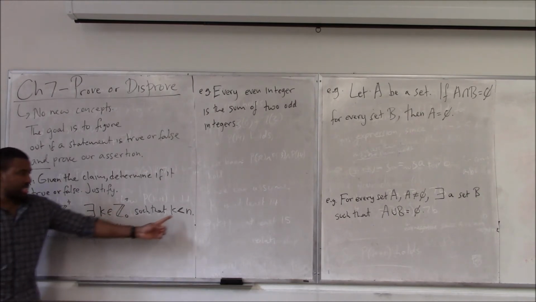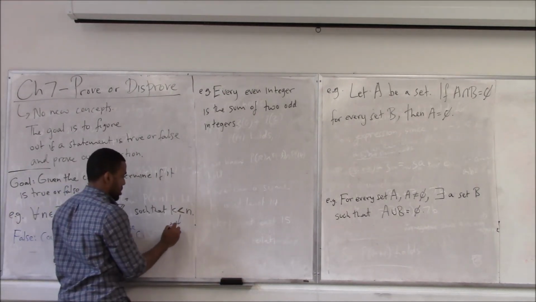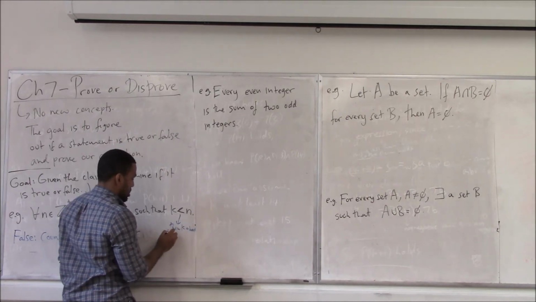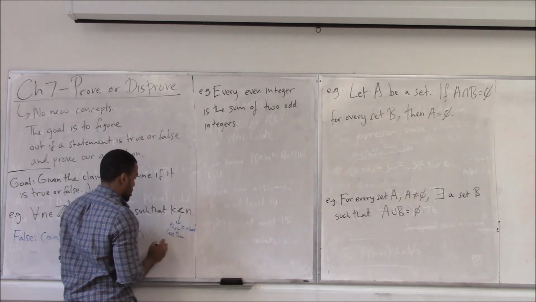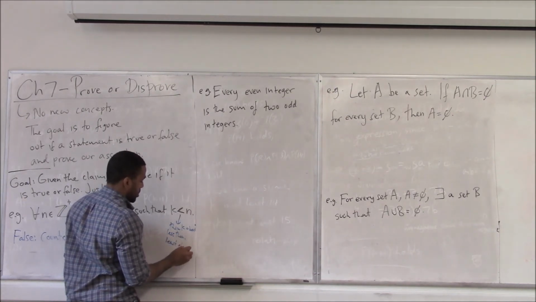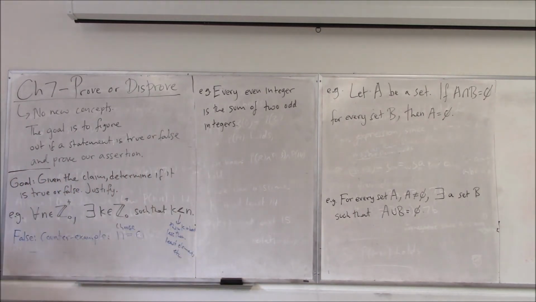So once you see this less than here, you're going to think about things like least elements. Is something always going to be less than this?